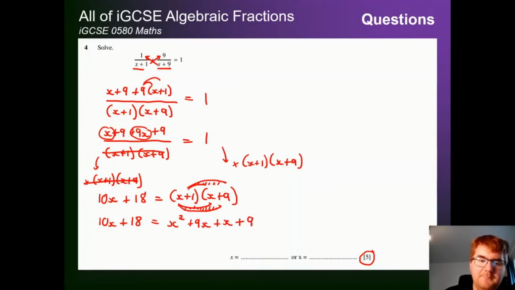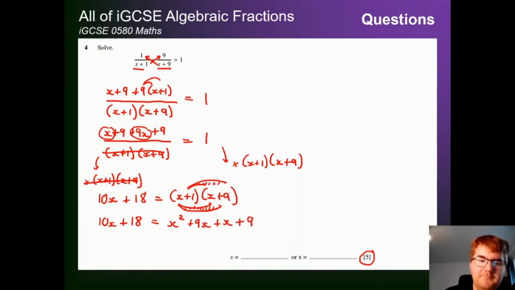We are making progress, I assure you. So let's continue this up here. So I'm going to tidy up the right-hand side. So that's x squared plus 10x plus 9 is equal to 10x plus 18.